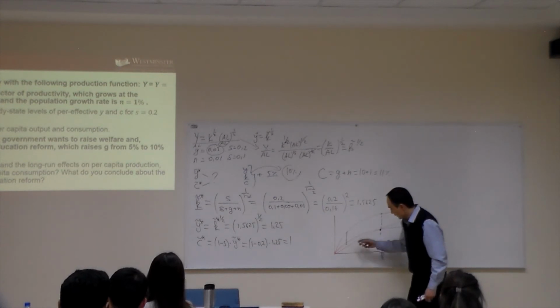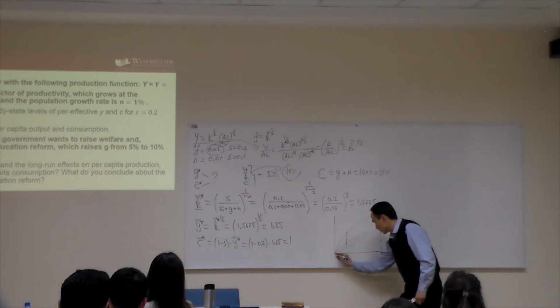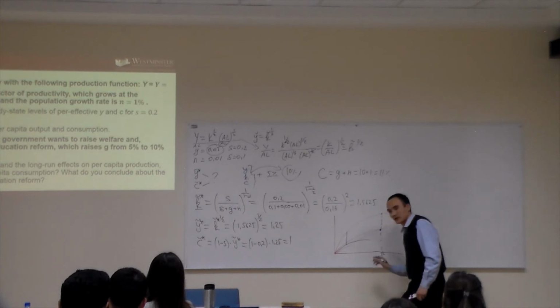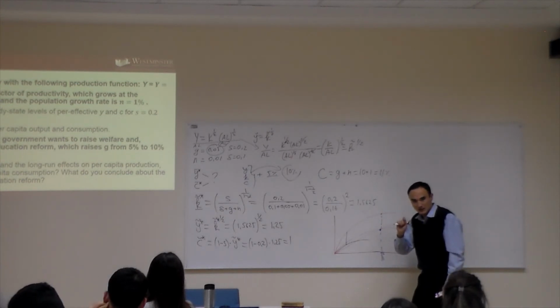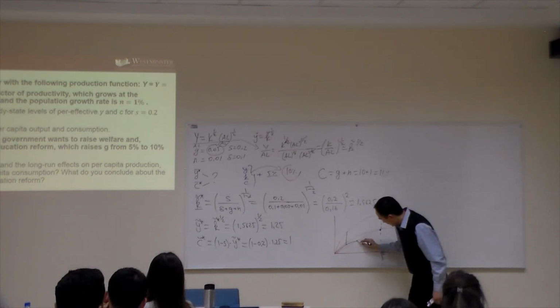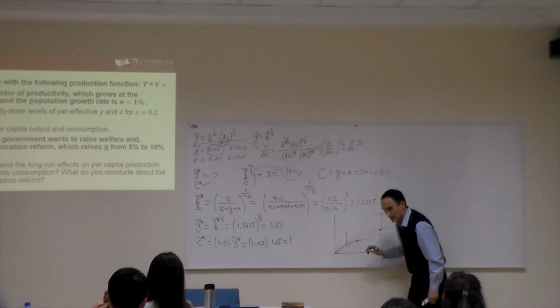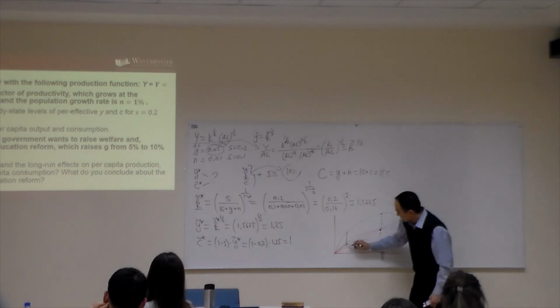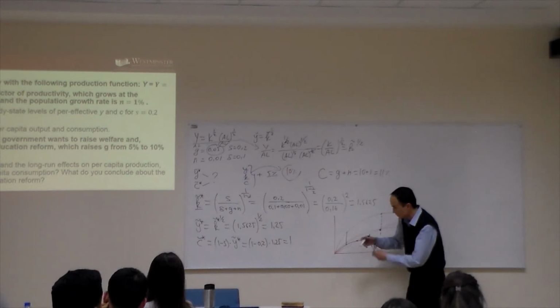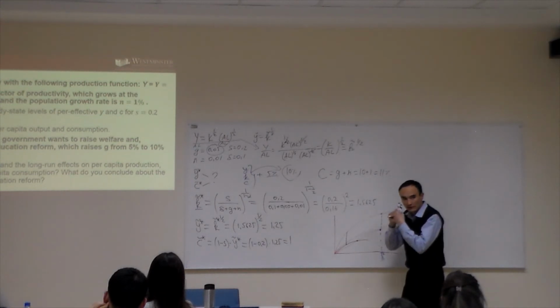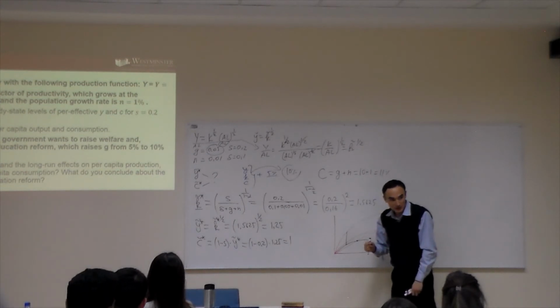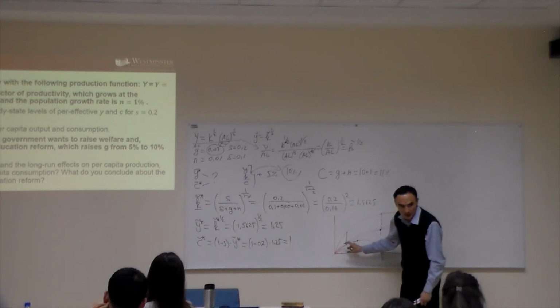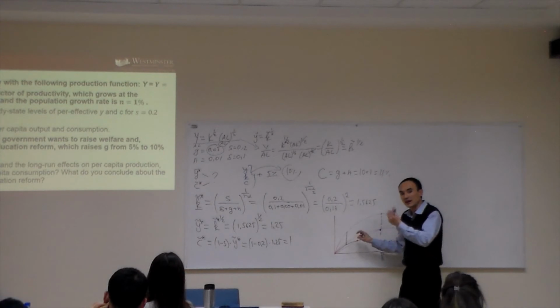If so, then investment is going to be lower because the investment rate is less, which we expect means the economy is going to reach another steady state level. But this consumption that the government is increasing in order to invest in education is as if it is investment, and it is a very effective investment.